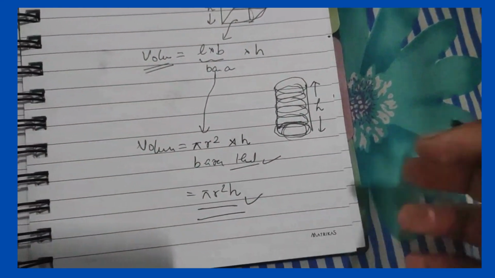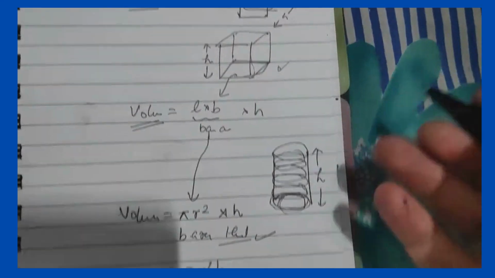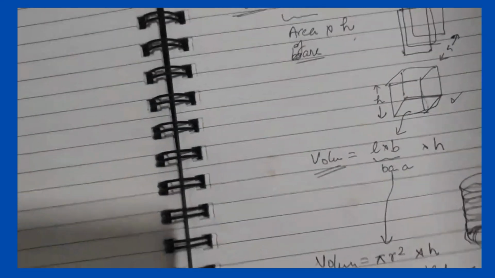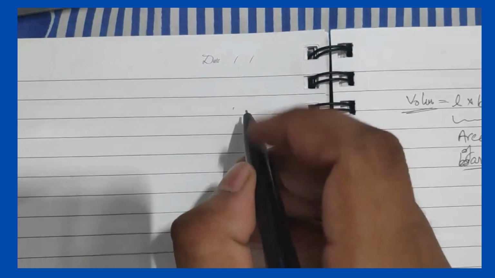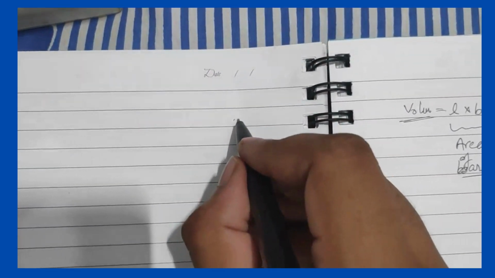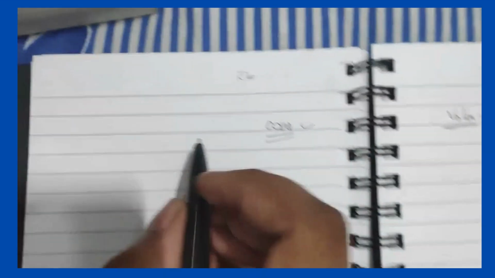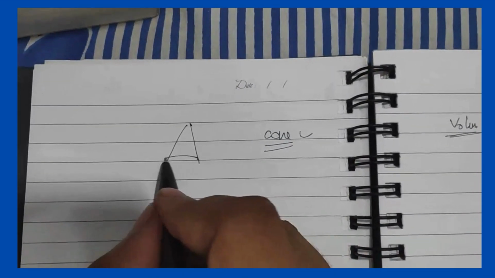Now we talked about a cuboid, we talked about a cylinder. Now I should talk about a cone, right? We have seen cones in life, like this we have a cone.